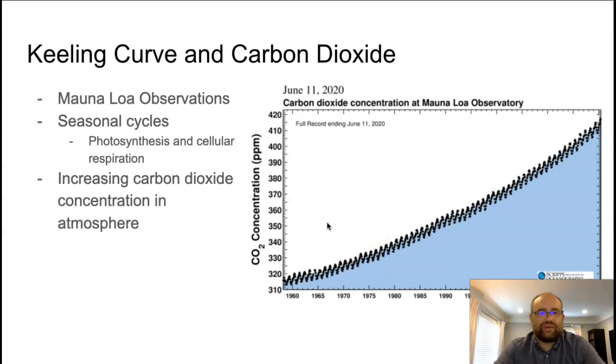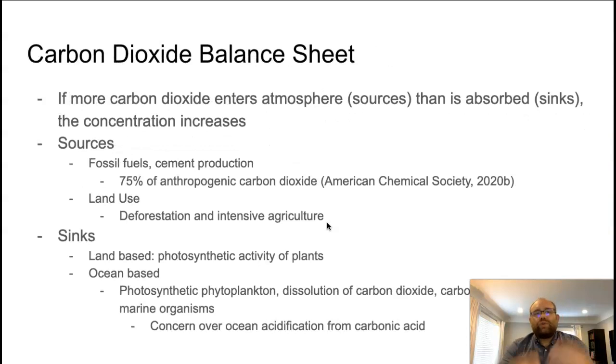during cellular respiration. So when we look at a balance sheet for carbon dioxide, we're looking at the sources and the sinks. The sources are burning fossil fuels, cement production, land use, including deforestation, and intensive agriculture and animal husbandry. The sinks are where the carbon dioxide can be absorbed or stored.